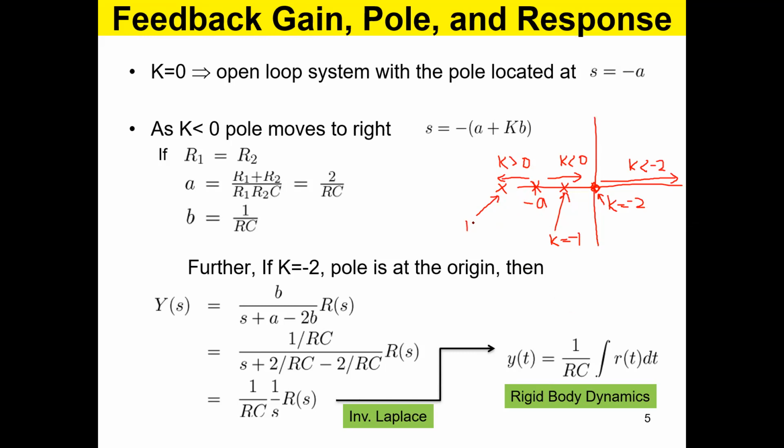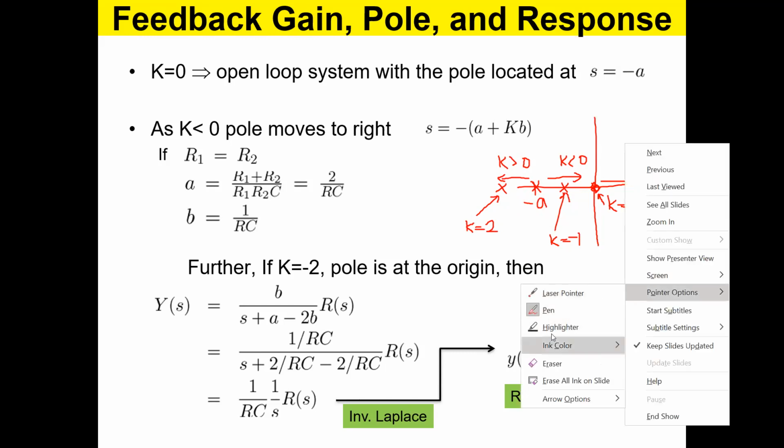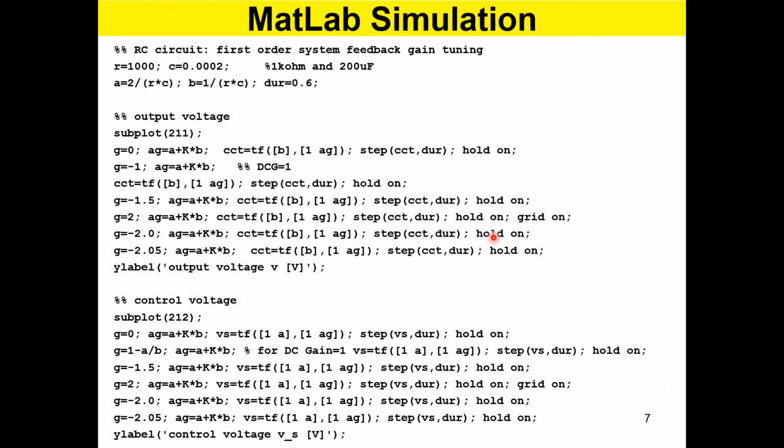K equals 2. And you have 50 millisecond time constant when the pole is over here. At that time K equals 2 and the time constant is 50 milliseconds.